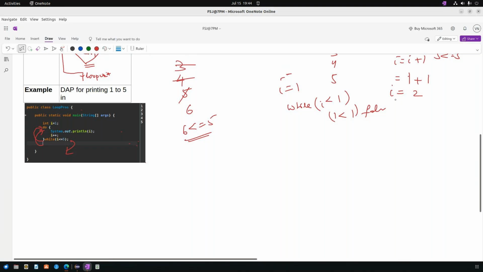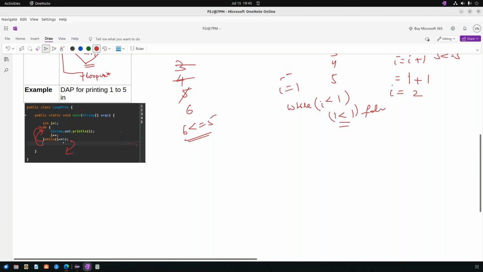What I'm trying to talk about here is the condition. If the first condition is false in a while loop, it will be the end of the loop.